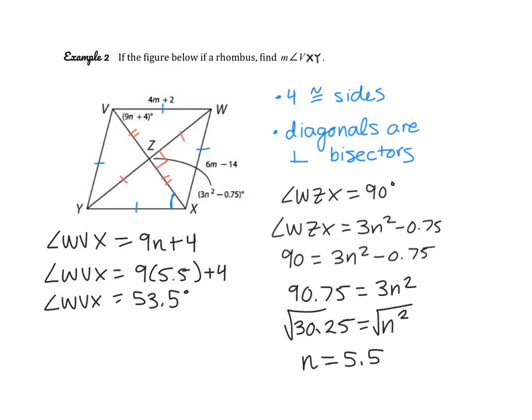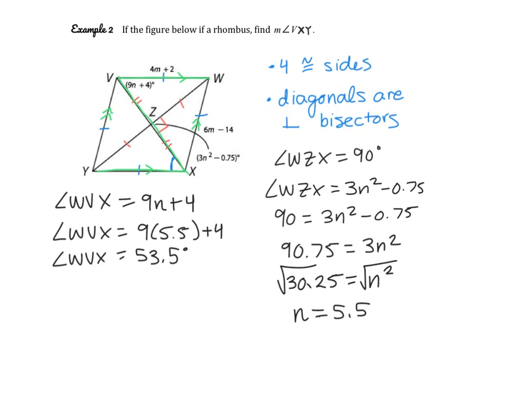So luckily we know that a rhombus, of course, is a type of parallelogram, which means the opposite sides are parallel. So using that information, I have two parallel lines cut by a transversal.